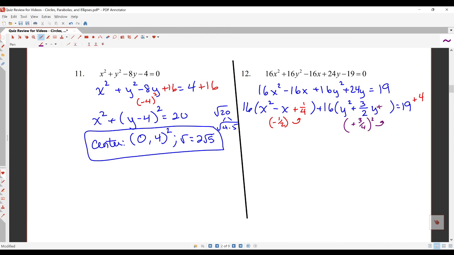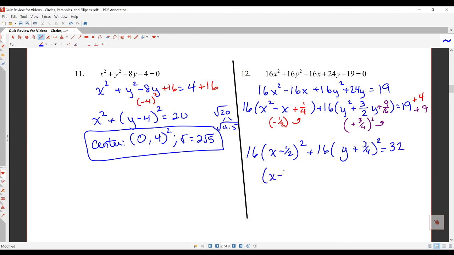Squared is 9/16. And again, as messy as that is, multiply by 16, but actually cancel out the denominator of 16 and add 9. So it could have been worse. So we have 16 times (x minus 1/2) squared plus 16 times (y plus 3/4) squared equals 19 plus 9 is 28, plus 4 more gives us 32.